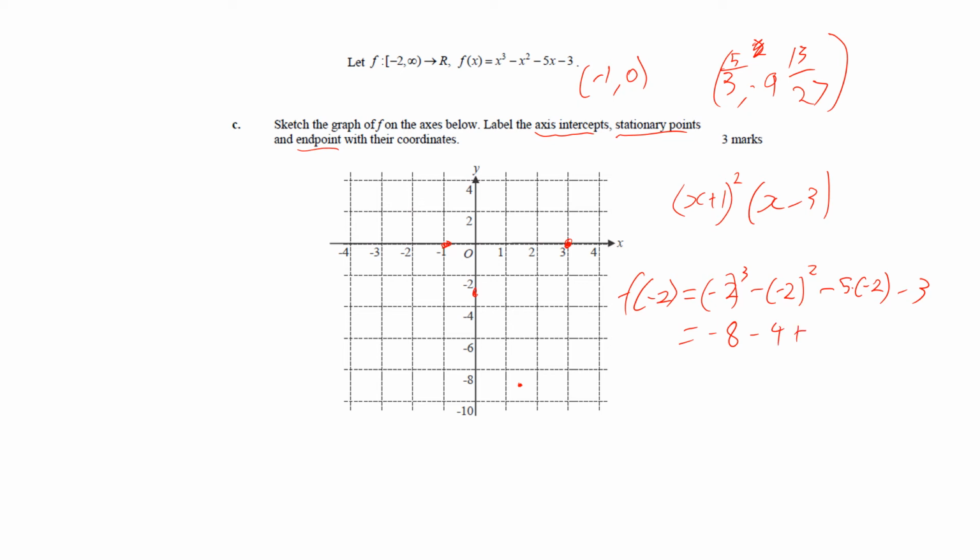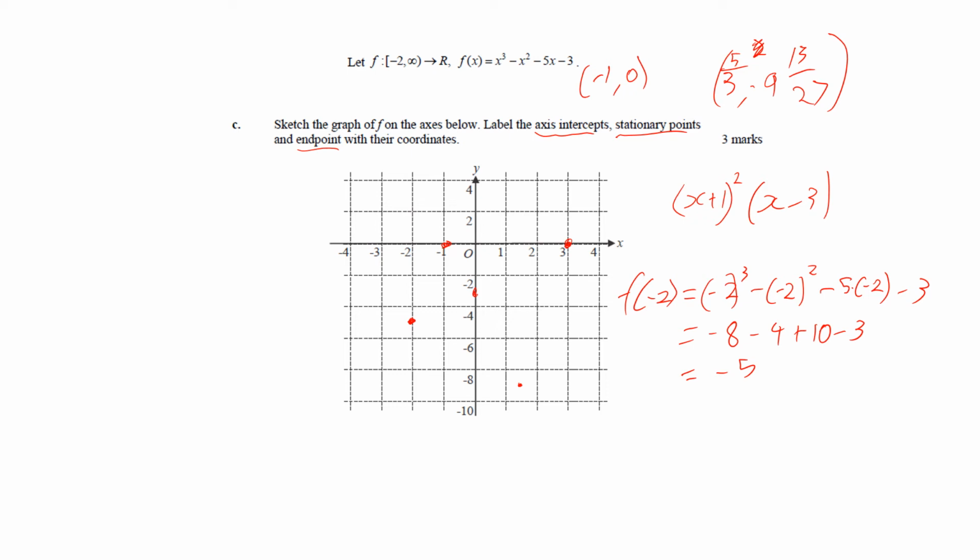That would be completely valid, and it probably would mean that you would make less mistakes, potentially, depending on whether you feel more comfortable with cubing negative numbers or multiplying them. And so if we put all this together, we end up with -5. So our other point is going to be x equals -2, y equals -5.